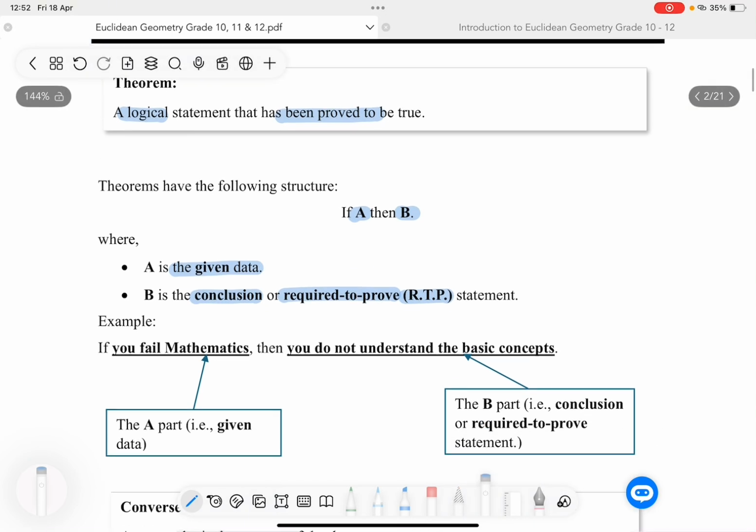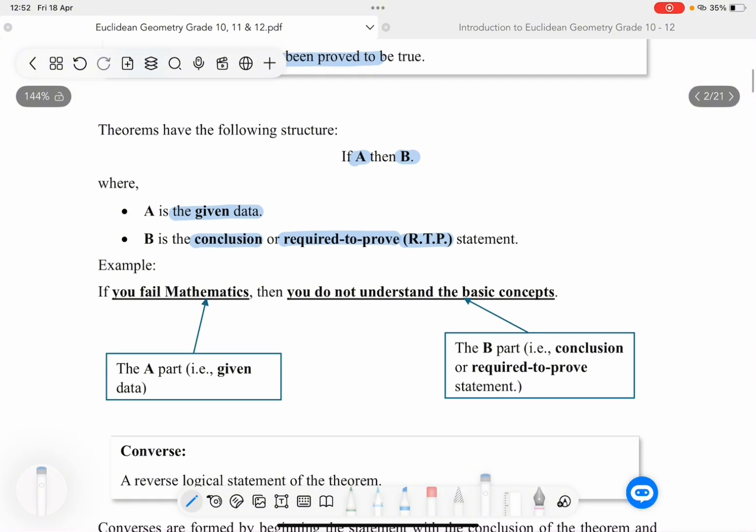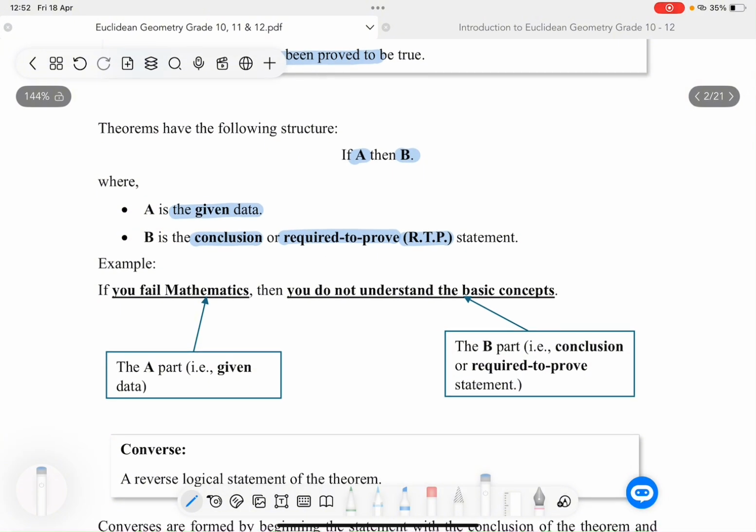I have an example here of a statement that has this structure that will give us a feel of what a theorem is. Suppose that we say that if you fail mathematics, then you do not understand the basic concepts. The first part of this statement is what we call the A part, what we begin with, what we know: that you have failed mathematics.